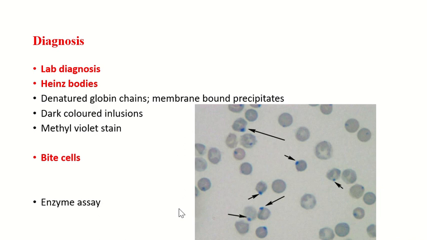These are the Heinz bodies. Heinz bodies are basically membrane-bound precipitates of denatured protein, the globin chains, due to oxidation. These are dark colored inclusions which are seen with a special stain known as methyl violet stain.